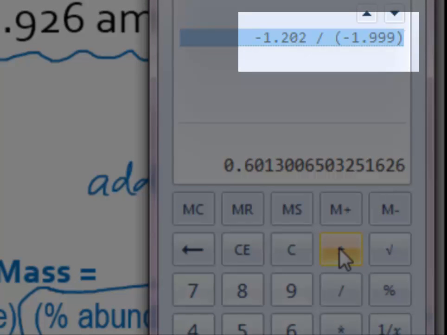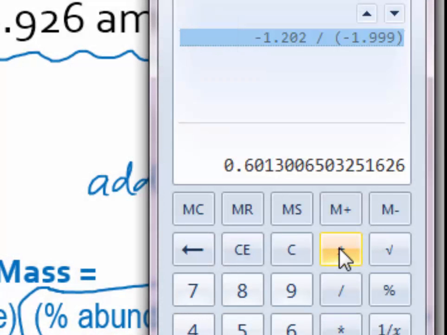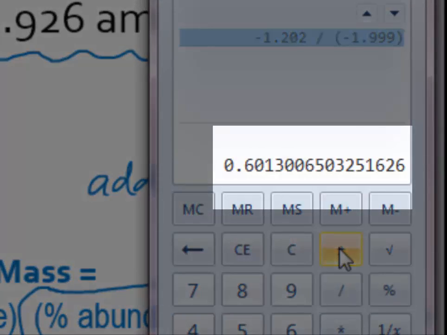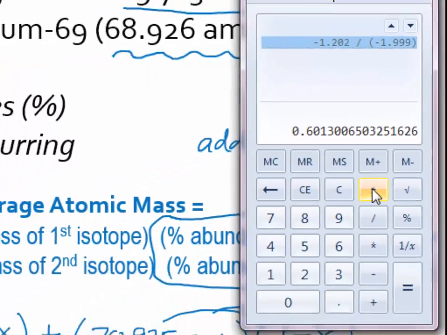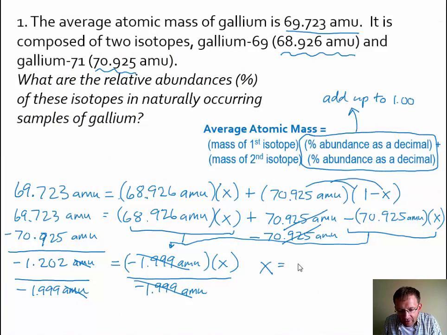Now I'm going to divide those two numbers. Each of those has 4 significant figures. So my answer can also have 4 significant figures. To round that off to have 4, we can take it to 0.6013. And that would have 4 significant figures, yes? So x equals 0.6013.